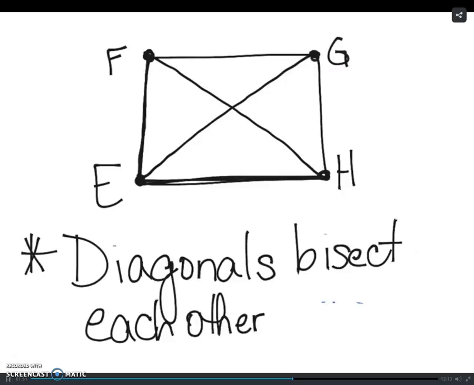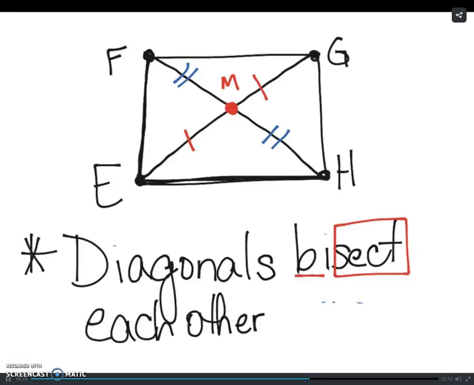If you look at our root words and prefixes, sect means we're dividing up into sections, and bi means two sections. So we're dividing these into two congruent sections. If I call this intersection point M, then from E to M and from N to G have to be congruent. Similarly, from F to M and from N to H also have to be congruent.